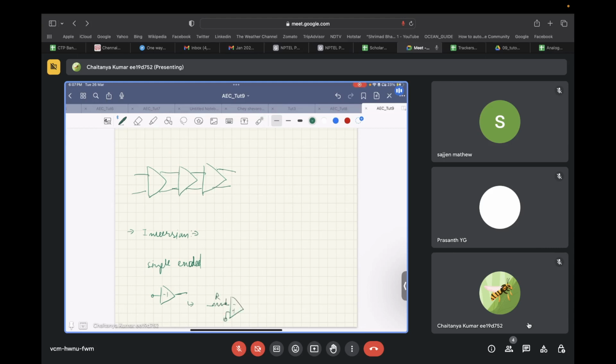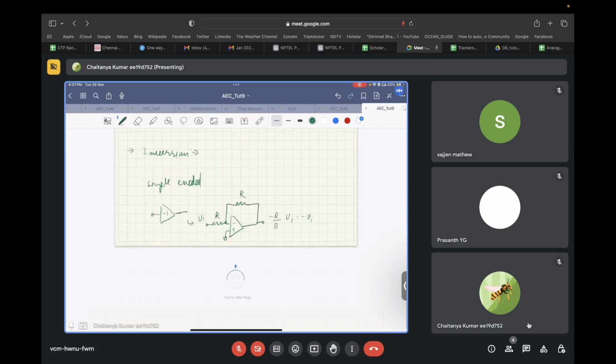This kind of circuit we need to use. If we have input as Vi, the output will be minus the feedback resistor divided by the input resistor, that is minus R by R times Vi, which will be equal to minus Vi.